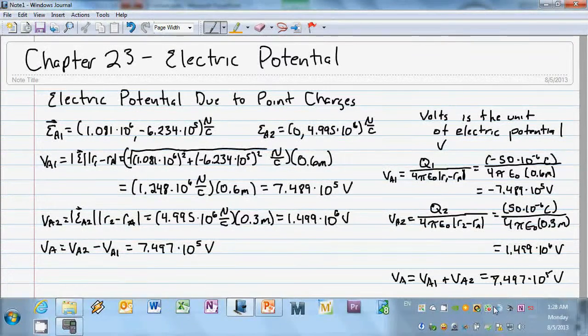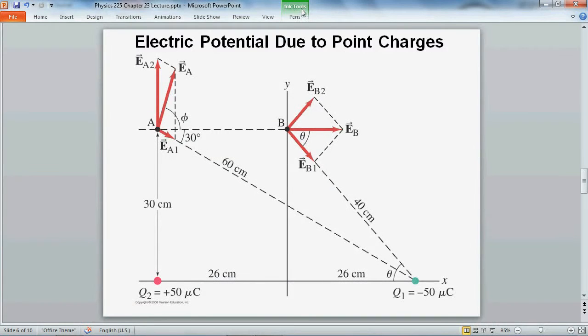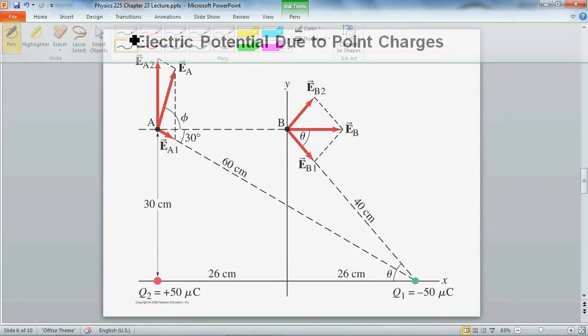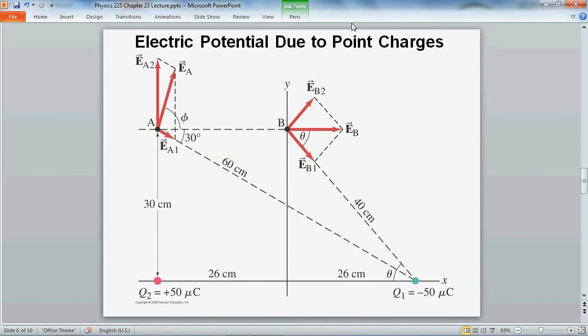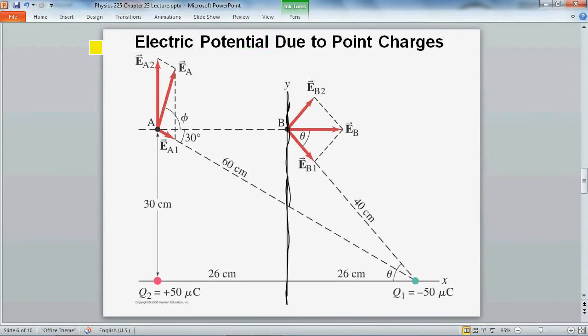So along this line, the potential is 0 along this center line because everything is in symmetry. So that line will have no potential along this line.